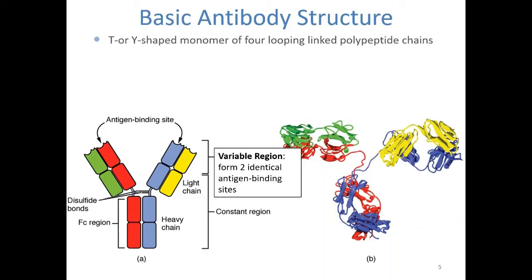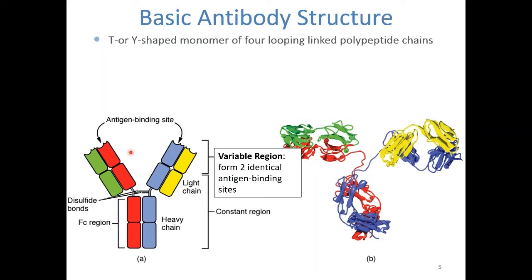This variable region forms two different antigen binding sites that are identical to each other, but unique among all of the other antibodies. So we can see that this forms a very specific key to fit a particular lock, right? So a very specific binding to antigens.